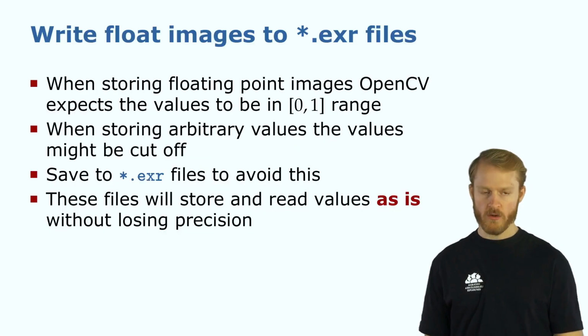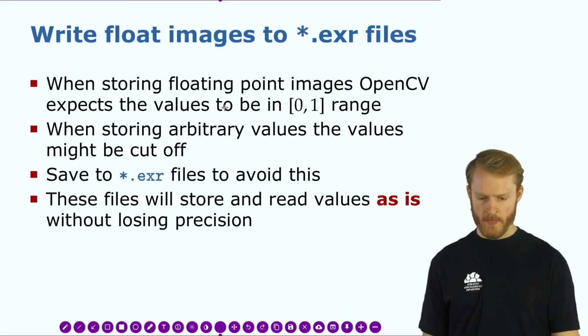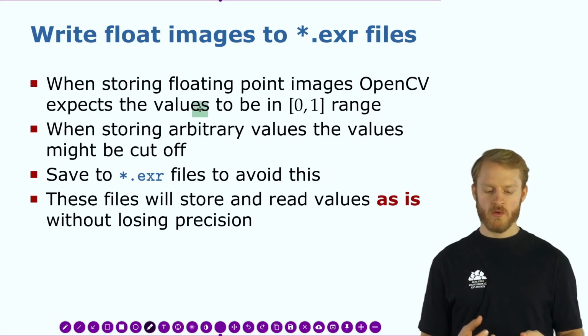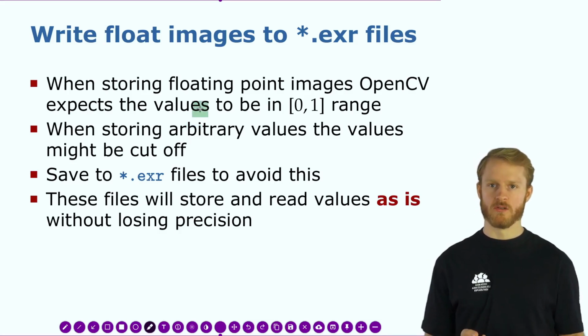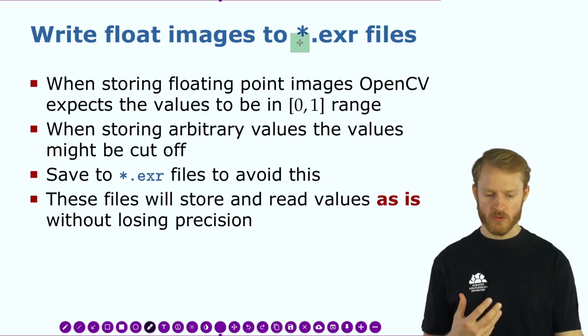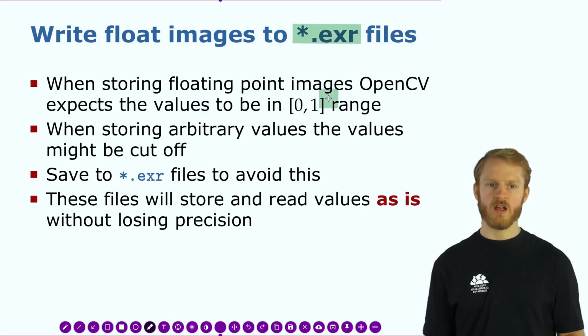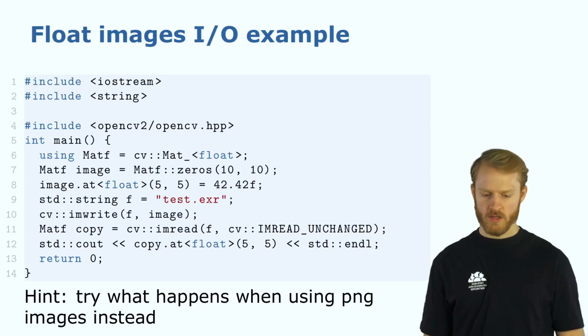So whenever we are working with float images, we have to be aware that if we use PNG as an extension, then we will lose precision. If you don't want to lose precision, you should use EXR files as the extension, and I think here you have an example.